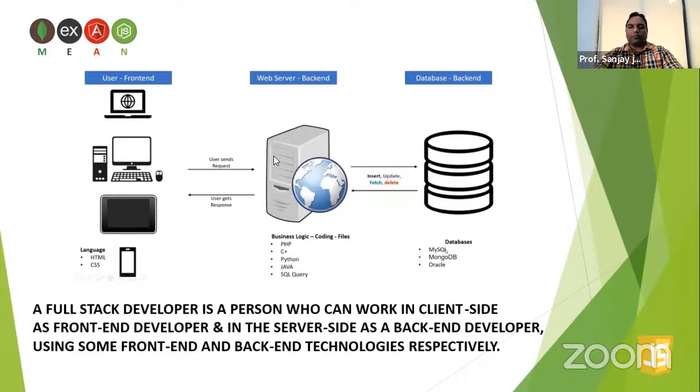So we have some programming languages that are running on your server. A server is nothing but a machine. So it is running on your server remotely, and those machines are going to process your data, which is coming from the front end, and it will interact with your database. Now database is a storage.